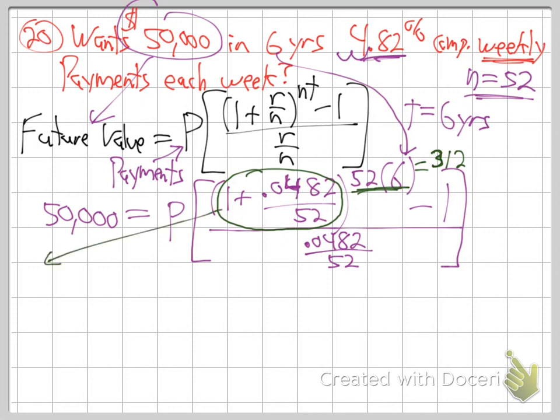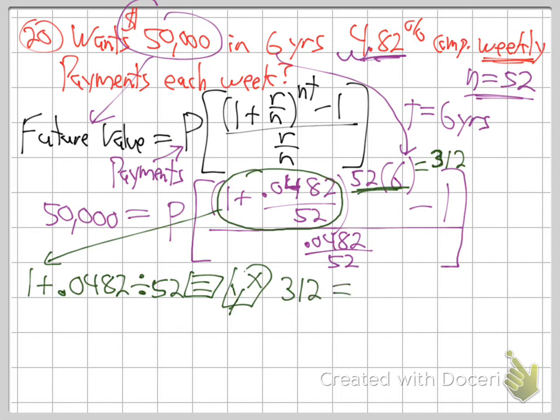Then start on the inner parentheses. Minus 1, equals, and then you've got to grab that denominator right here.